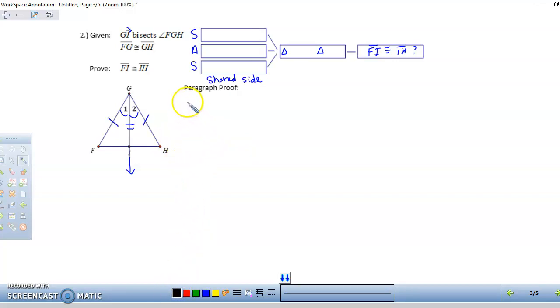Okay, so welcome back. So you're going to say here, first of all, the easy part is you can just say FG is congruent to GH because it's given. And that's all you have to write for that. Okay, and then the next thing, angle 1 is congruent to angle 2.